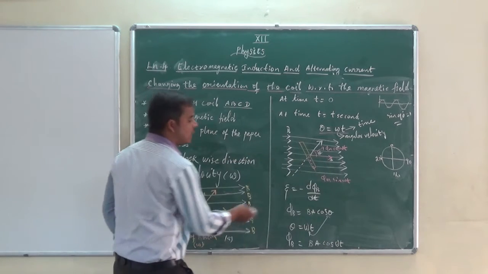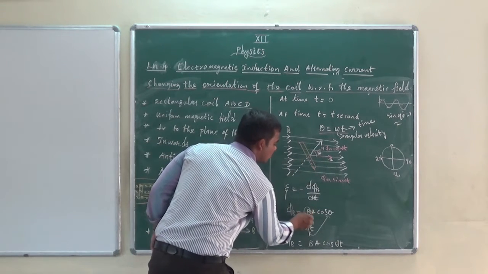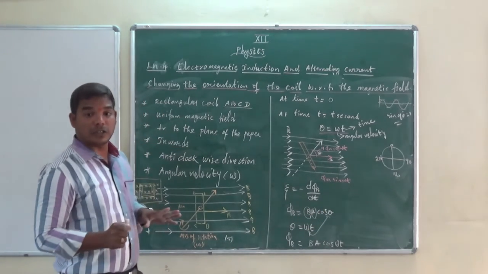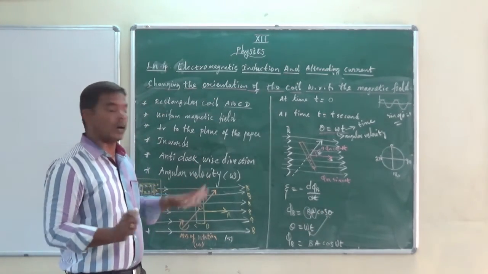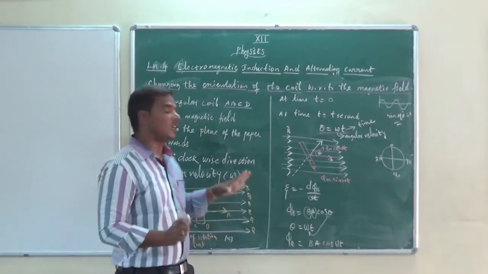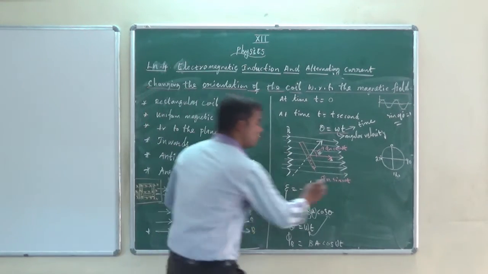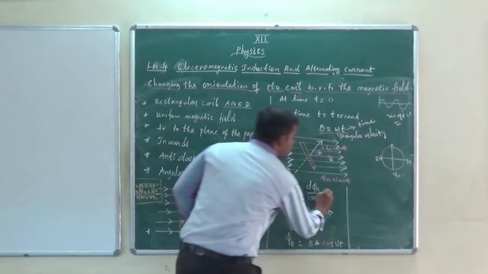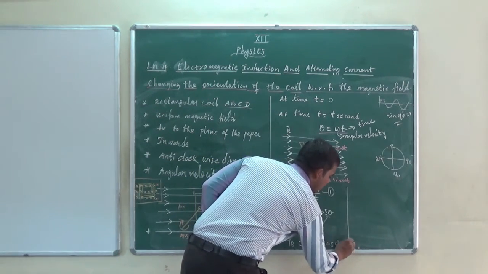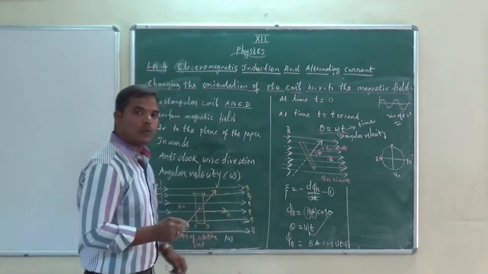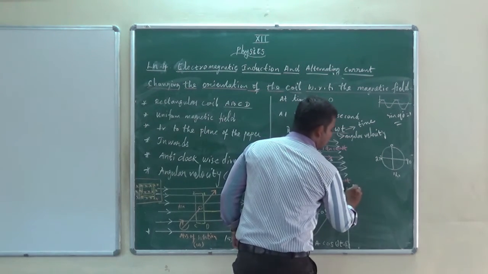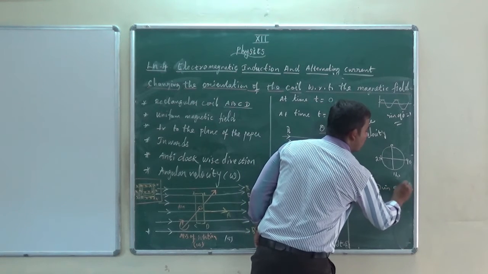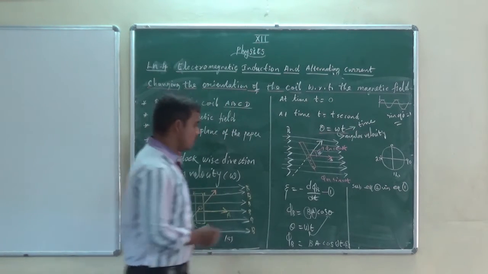I didn't change anything else, because the magnetic induction and area of the coil are constant; they are not changing. Only the position of the rectangular coil is changing. Consider this equation 1 and this equation 2. Substitute equation 2 in equation 1 and see what we get.